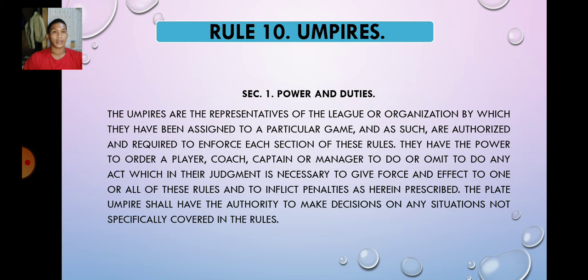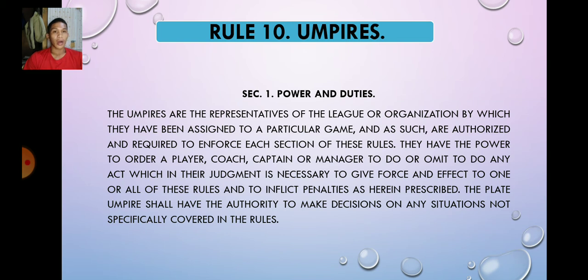Rule 10. Umpires. Power and duties. The umpires are representatives of the league organization by which they have been assigned to a particular game, and as such are authorized and required to enforce each section of these rules.